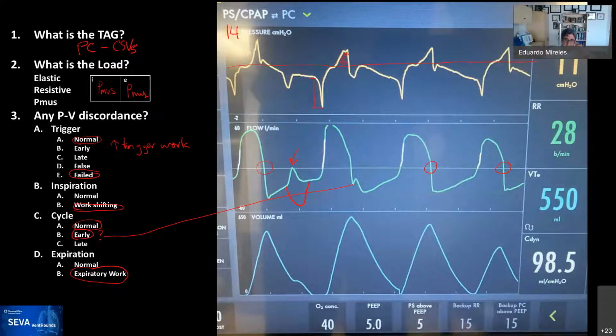Yeah, I'm just trying to think mechanistically, like if I have air trapped in the lungs and I try to inhale. This is basically in the middle of exhalation. He has PMOS, so it's basically going to be a retardation of my expiratory flow. The only way I can see a drop in airway pressure is if I'm actually sucking air from the circuit.